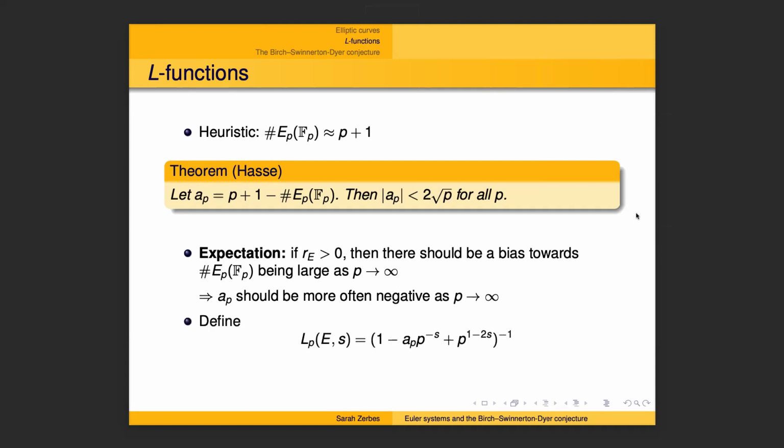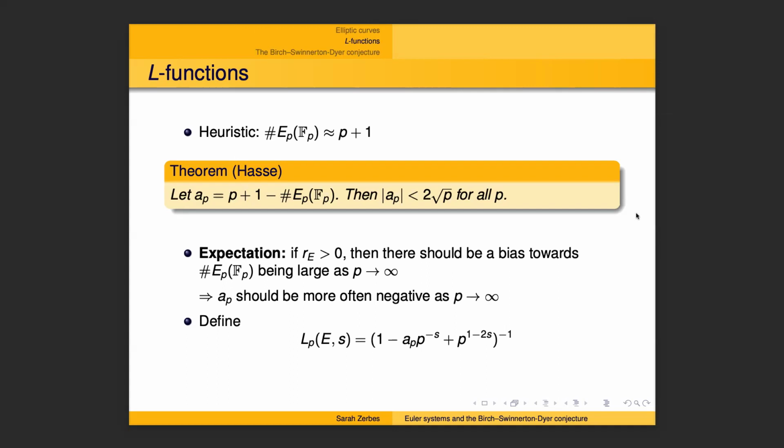So we define the local L factor at P of the elliptic curve as the inverse of a polynomial in P to the minus S, which just depends on these two values, P and AP. There are conceptual reasons why this is a good function to consider, which I'm not going to talk about.